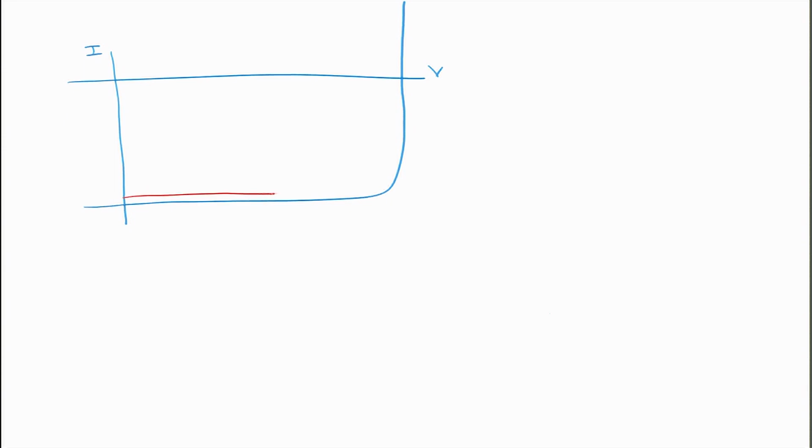If for a solar cell the IV curve is like this, and within this we say that we can draw a rectangle, so this is IM, this is VM, correspondingly we have VOC and ISC.